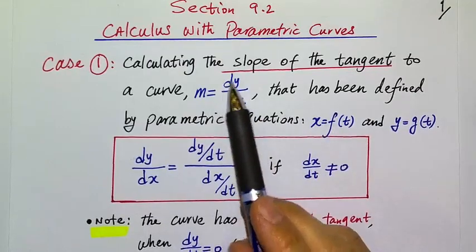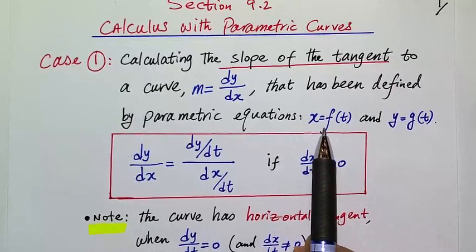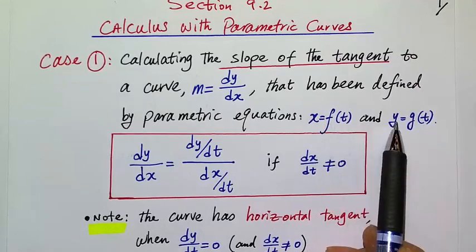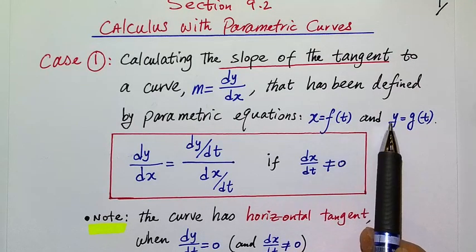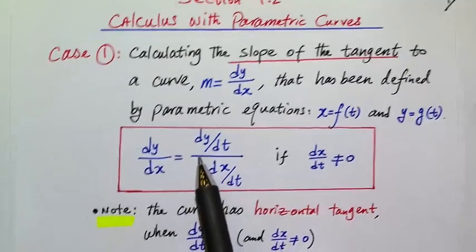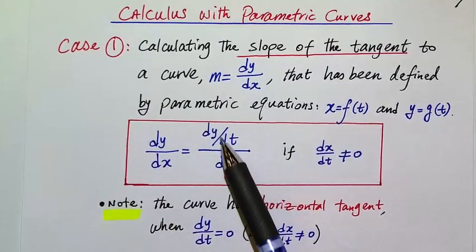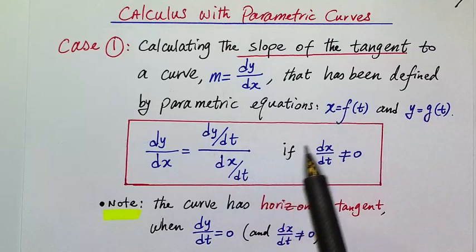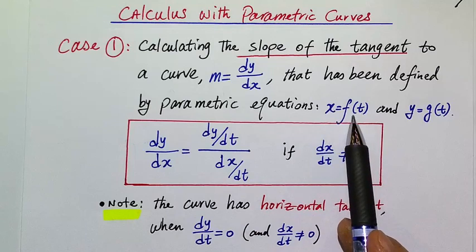So the way we calculate dy/dx, if we have the equation of the line defined in terms of parametric equations like this, so x is given in terms of the third variable t, y is given in terms of the third variable t, is by taking the derivative of y with respect to t, divided by the derivative of x with respect to t.